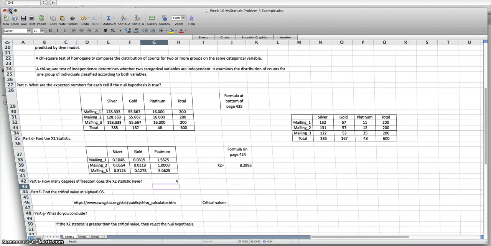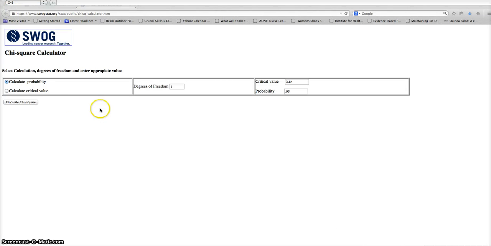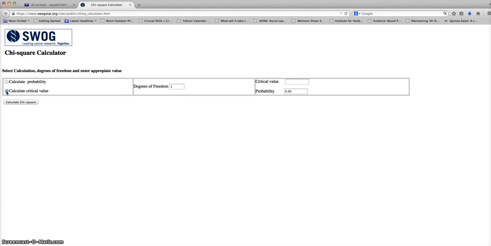Let's minimize this, and here's the site here. Now we need to make sure we're clicking on critical value because that's what we want. This chi-square calculator. Our degrees of freedom are 4. Let's click here, and there we have it. There's our critical value, 9.4877. That's all we need to know.